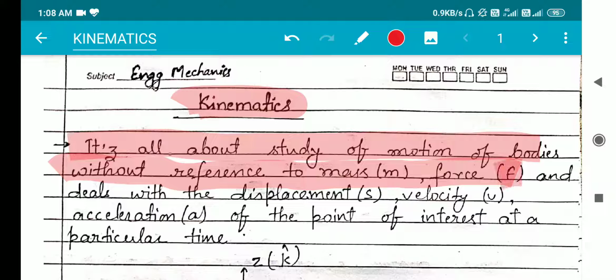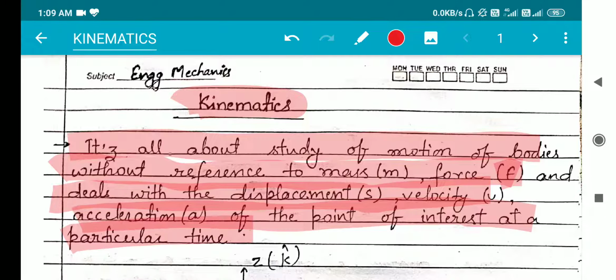I mean, kinematics deals only with the displacement, velocity and acceleration of the point of interest with respect to time. So in kinematics we will discuss only three points: displacement, velocity and acceleration with respect to time. That's it.